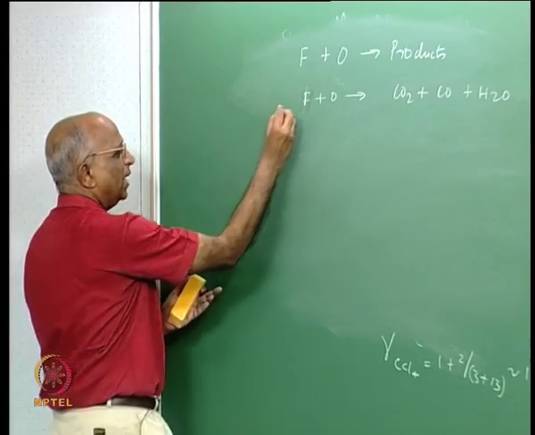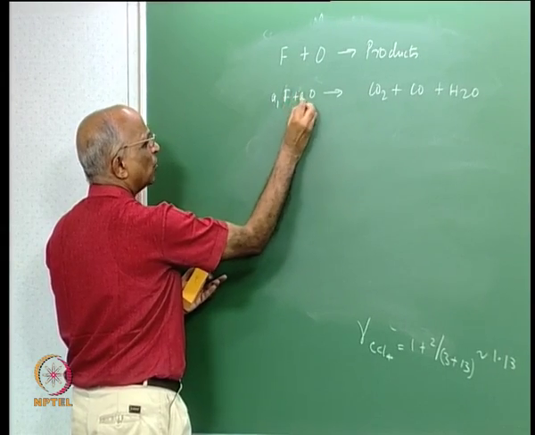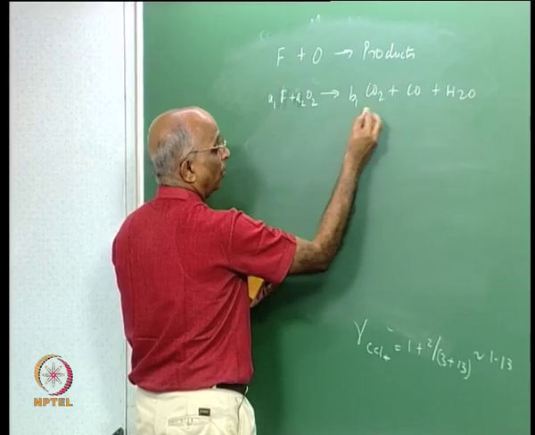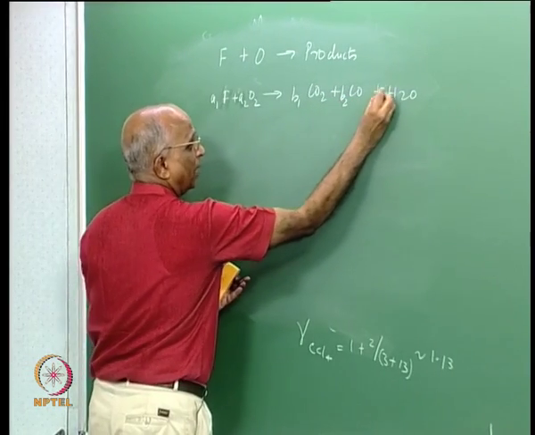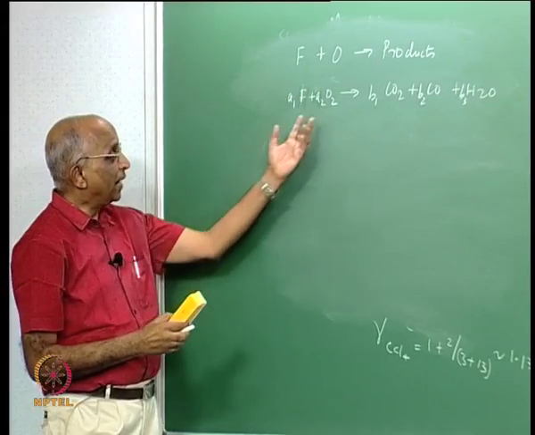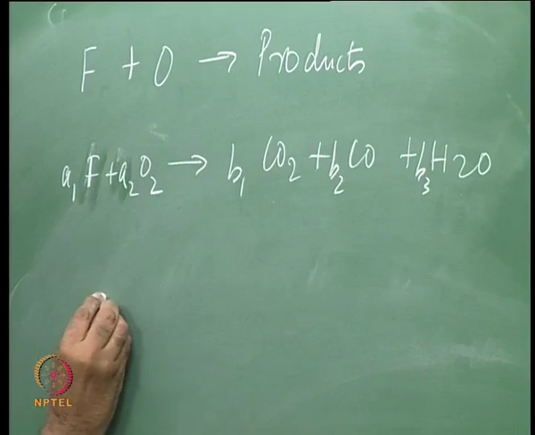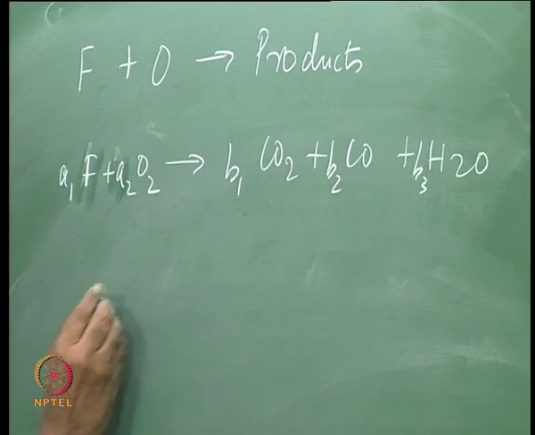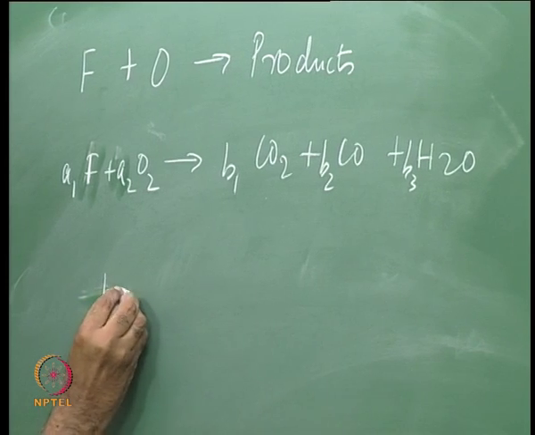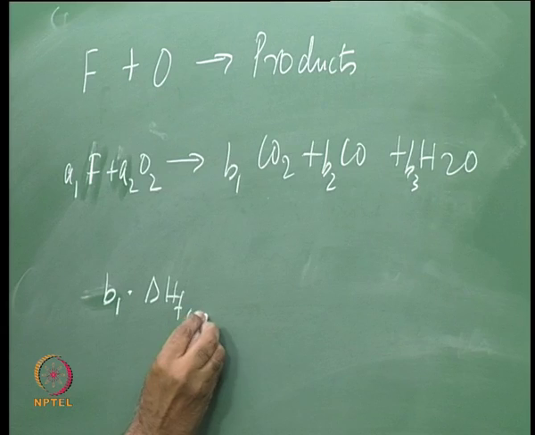Let us say I take A1 moles of the fuel, A2 moles of oxidizer, and then I get B1 moles of one product, B2 of the second, B3 of the third. Therefore, what is the energy released in this particular reaction? I tell myself there should be a decrease, that means the heat of formation of the products is B1 times the heat of formation of CO2.